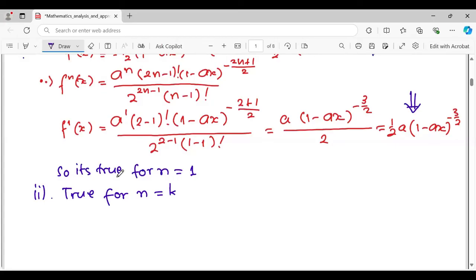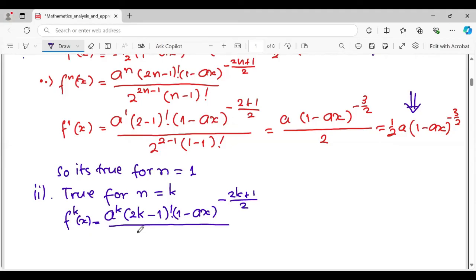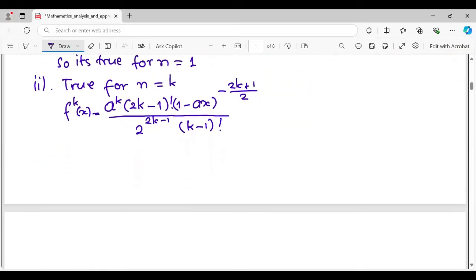So if n equals k, based on this function, f power k equals a power k times 2k minus 1 factorials, 1 minus ax, or here x, power minus 2k plus 1 over 2, over 2 power 2k minus 1 times k minus 1 factorials. Okay, I need more space.